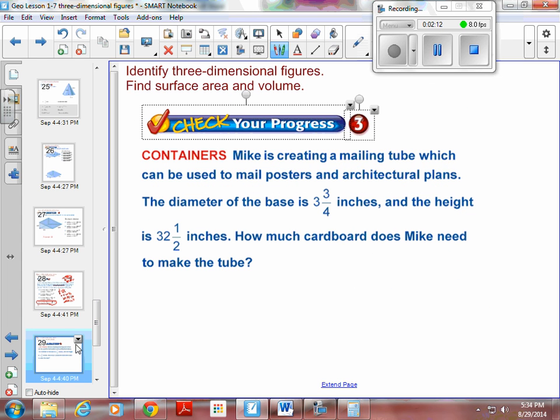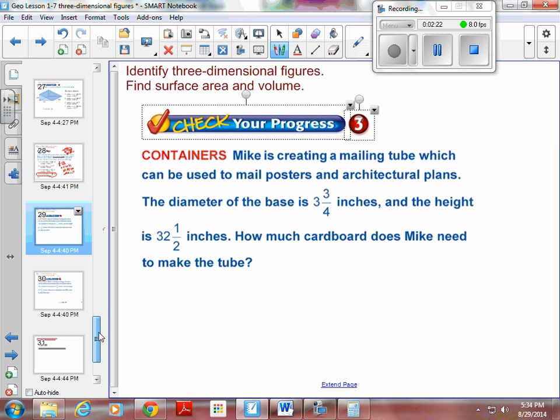So try the next one on your own. This one's not multiple choice. Do the best you can and come back and check it when you're done. Okay, so coming back now, Mike is creating a mailing tube which can be used to mail posters and architectural plans. It's a tube, which means you are dealing with a circular prism.